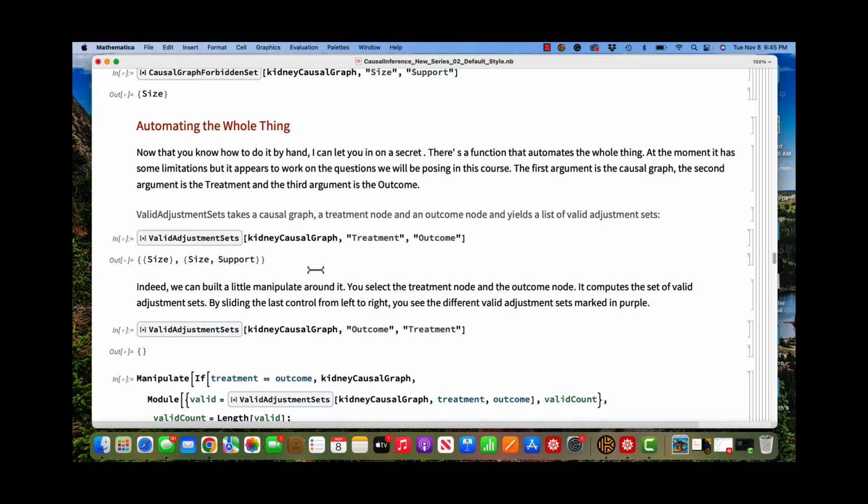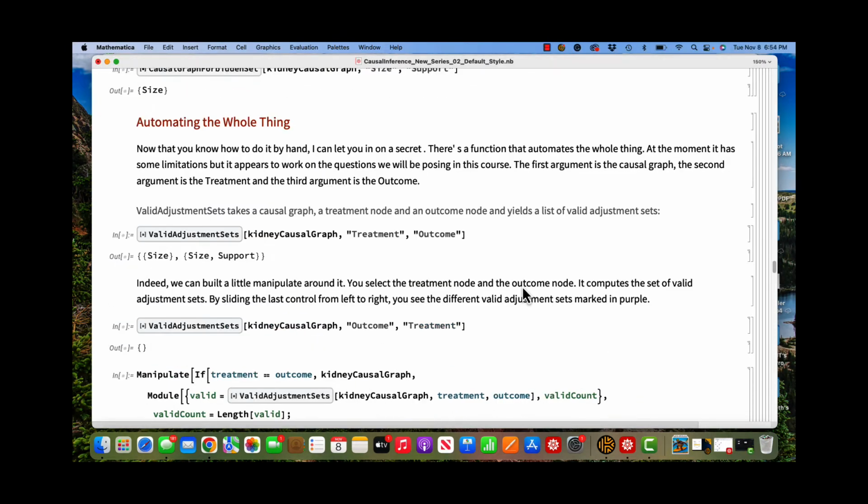It will find the valid adjustment sets. You'll notice there could be more than one valid adjustment set. It's also possible that in certain circumstances there won't be any, like if you're trying to figure out the valid adjustment set of predicting what treatment you receive based on what outcome you had, there are no adjustment sets that work.